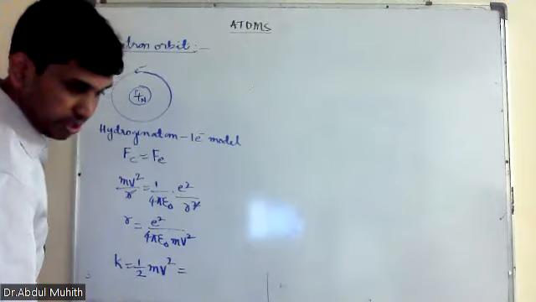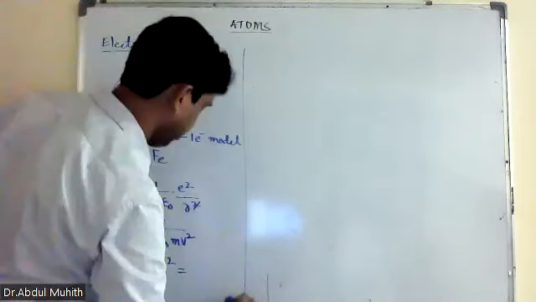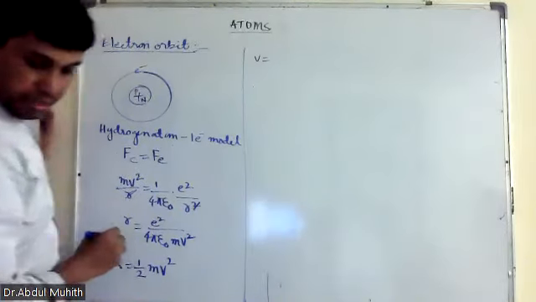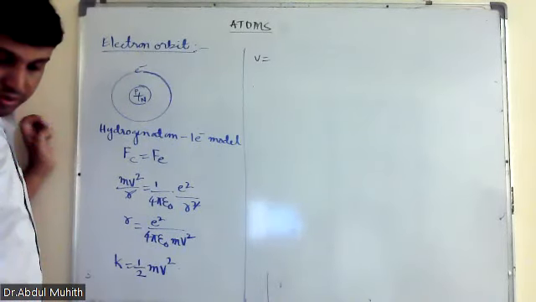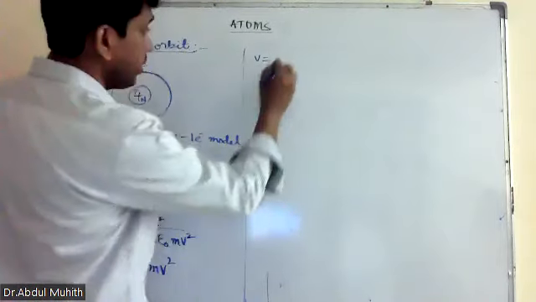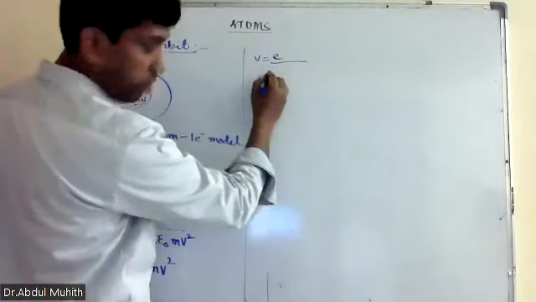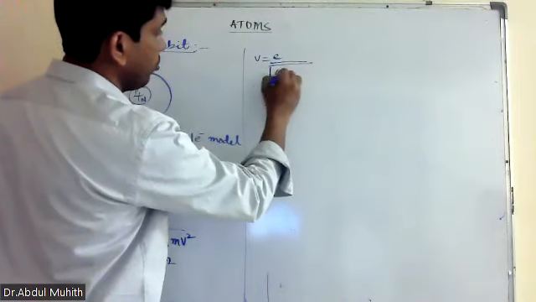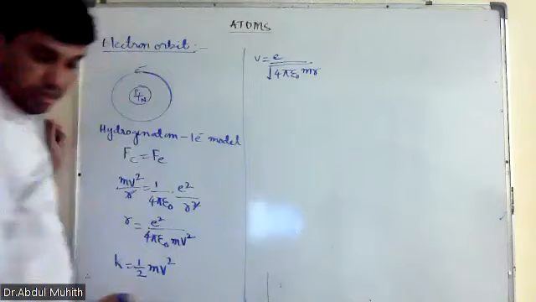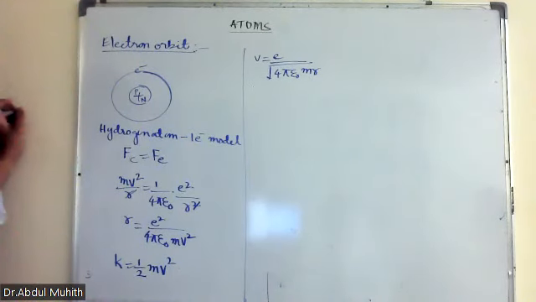The velocity expression is given by v is equal to E by under root of 4 pi epsilon 0 into m into r.